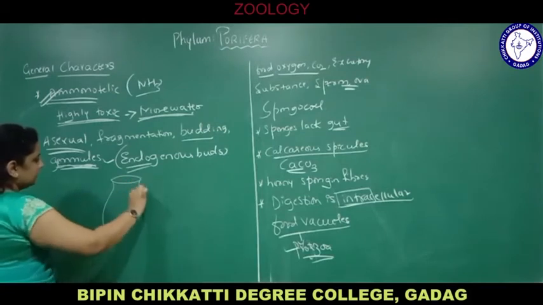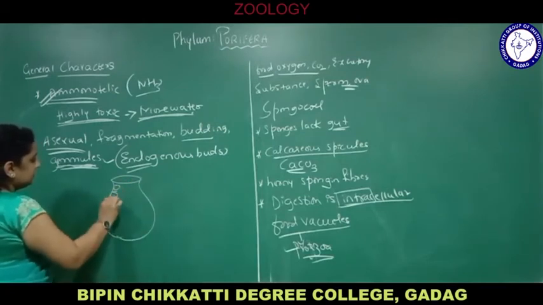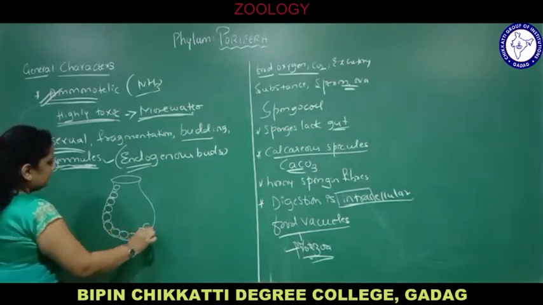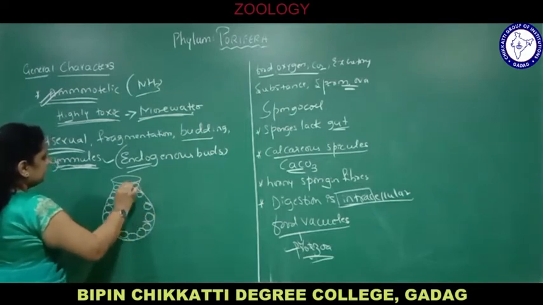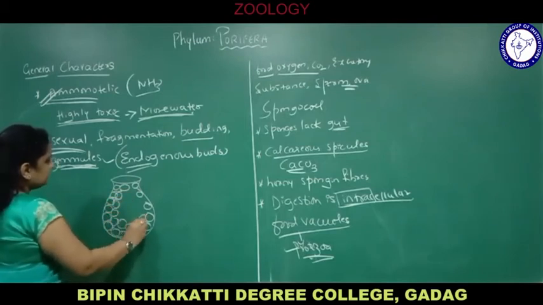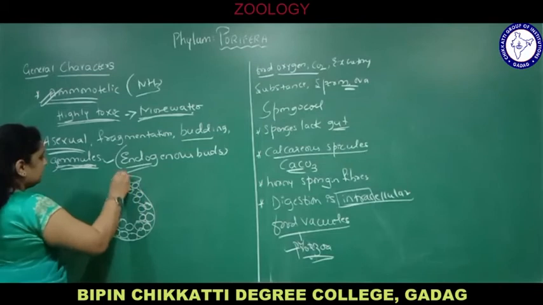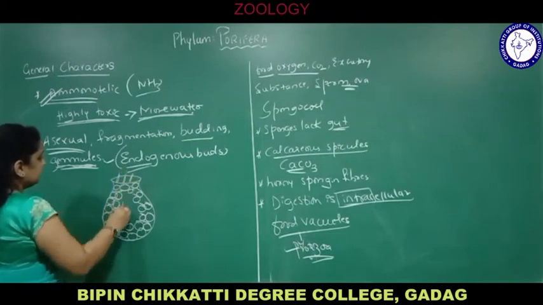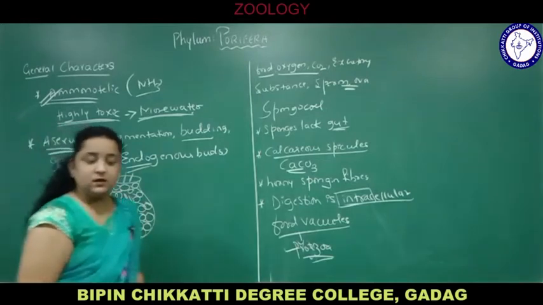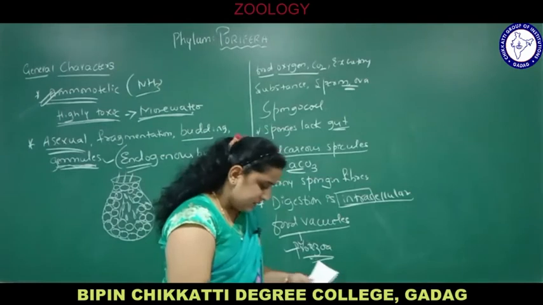It is a cup-like structure called a gemmule. Here gametes are produced, and there are spicules like this, and when they come in contact with the female, they get fertilized. This is called endogenous budding, or gemmules.